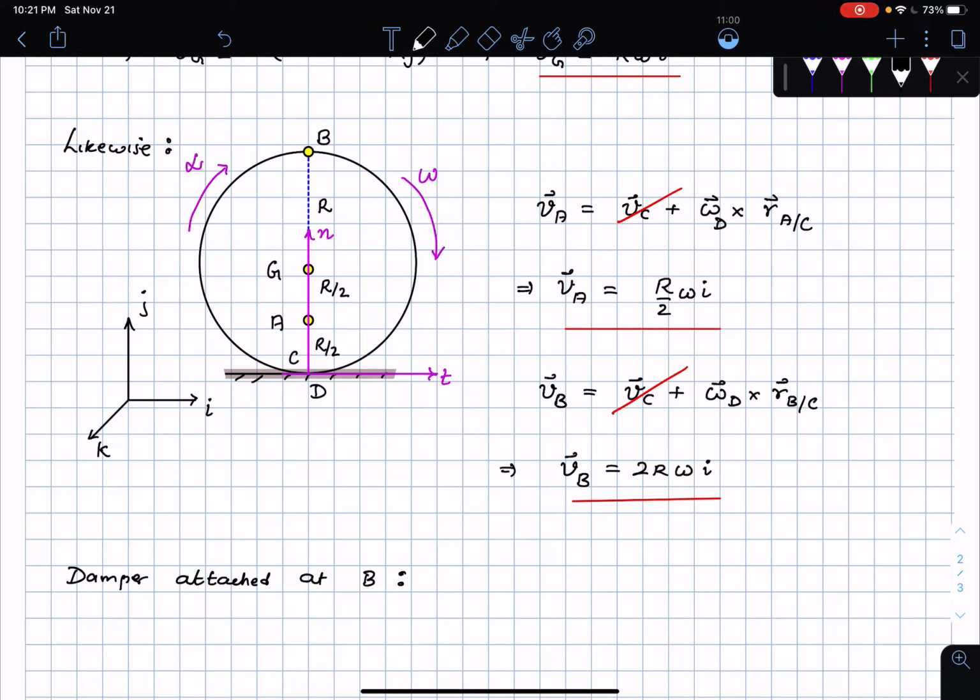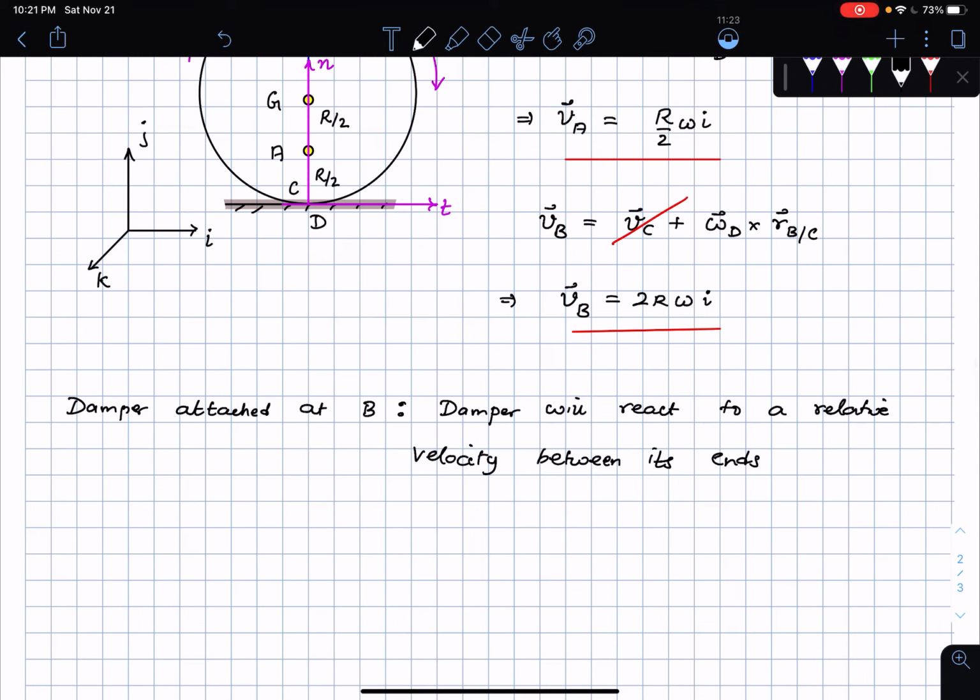The damper is going to react to a relative velocity between its ends, which is why I'm interested in this velocity VB. So VB, I have it as 2 times r times omega in the I direction. Then the spring is attached at the end A.